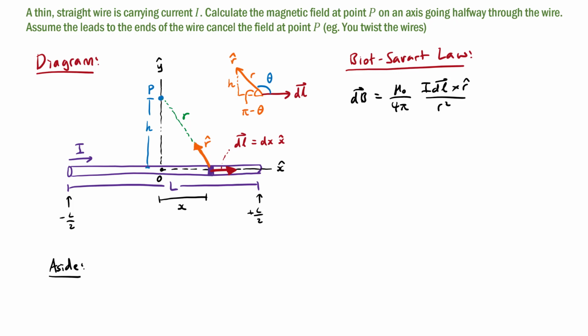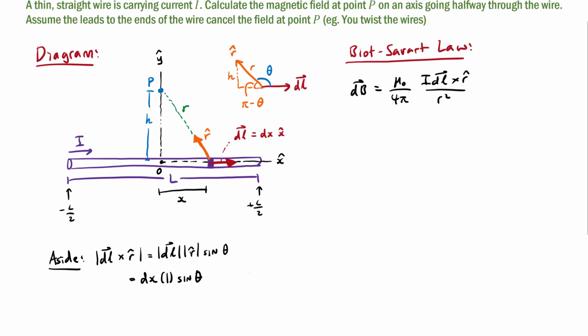I first want to figure out what dl crossed with r is. And that's simply dl times r times sine of theta. So I know r is a unit vector, so it's simply going to be 1. dl is actually dx. So I have dx times 1 times sine of theta.